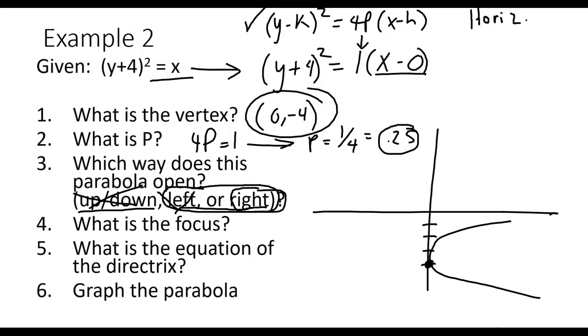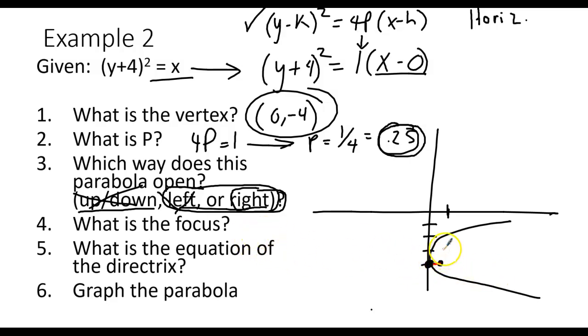Now, the next thing is asking us to find the focus. I know the focus has to be inside the parabola, and the p-value tells me how far away it is from the vertex. So if this is 1, the focus is going to be really close. It's going to be right about here at positive 0.25. Okay, and the directrix will also be behind it, but let's finish the focus first.